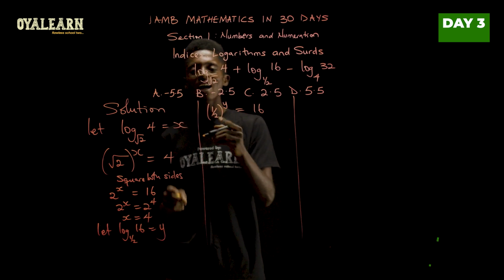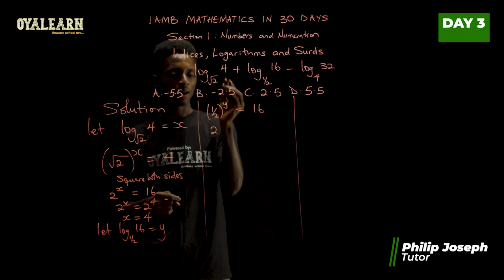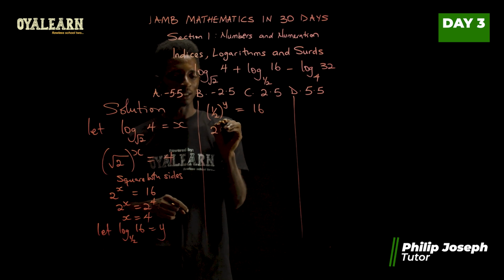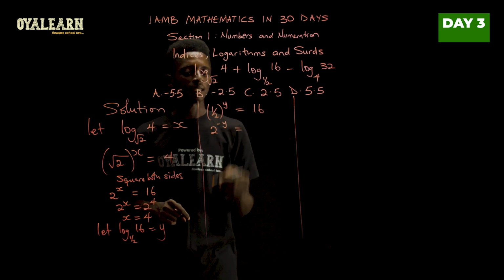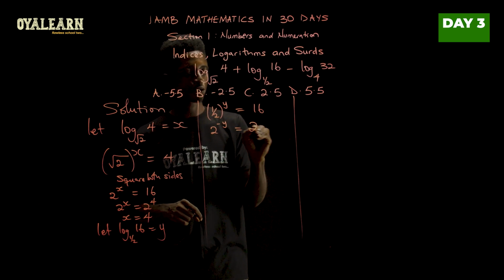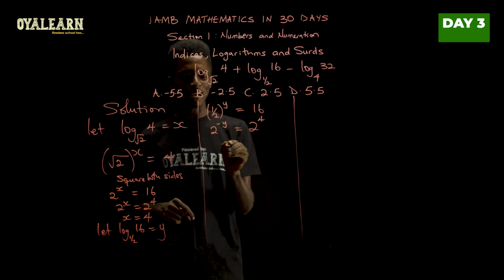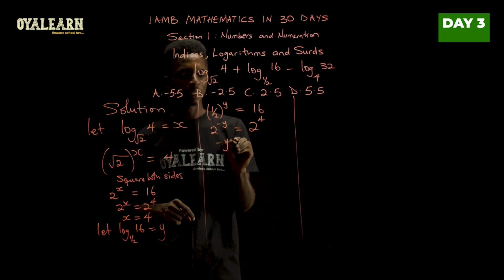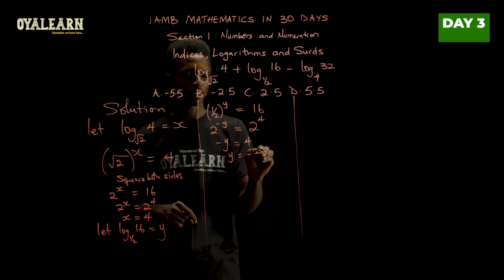Now we can write this to have a negative index, so it will be 2 to the negative 1, so that is minus y, equals, now let's rewrite this, 2 with the power of 4. And since the bases are equal, minus y equals 4. Therefore, y is minus 4.